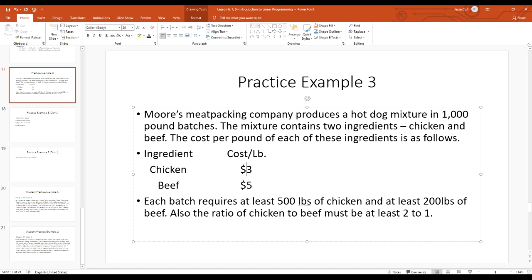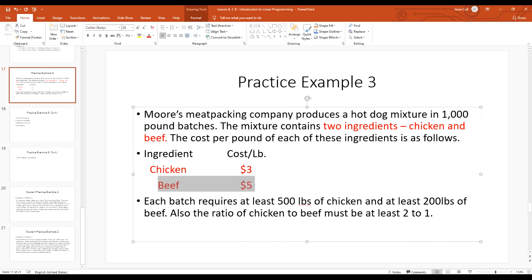The next section: the mixture contains two ingredients, chicken and beef. Most likely, this is going to be important and probably will be our decision variable. The cost per pound of each of these ingredients is as follows. Chicken, $3. Beef, $5.